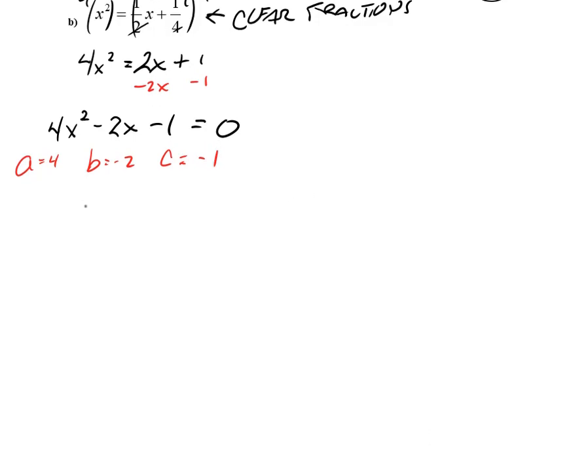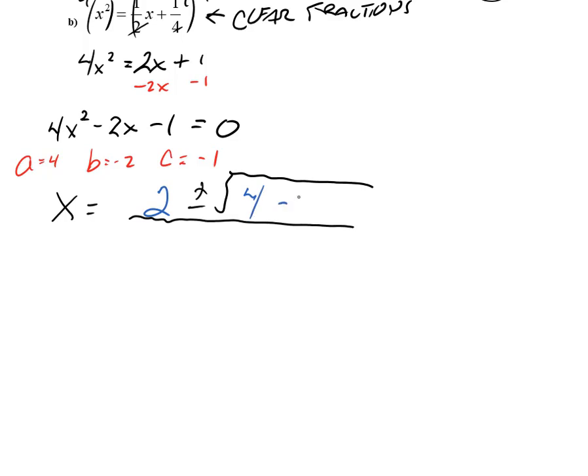So again, to start our quadratic formula, x equals, and then we have a fraction, plus or minus the square root, and just plugging in for the first term, it's the opposite of b. So the opposite of b would be positive 2. Inside the square root, the first term is b squared, so negative 2 squared is 4. And then I'm going to subtract 4 times a, which is 4, times c, which is negative 1. And that's all over 2 times a, which is 4.